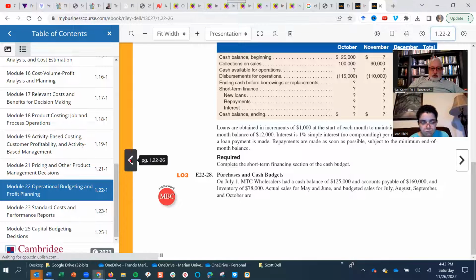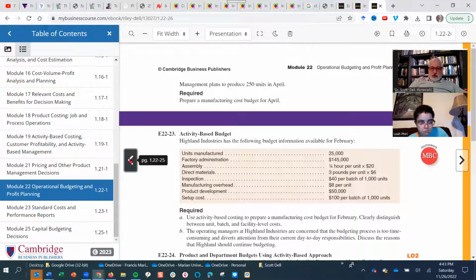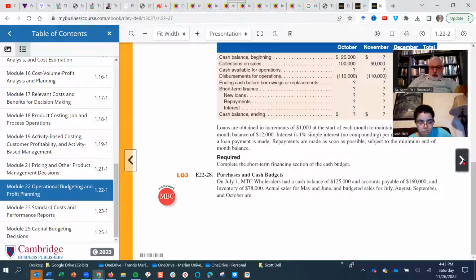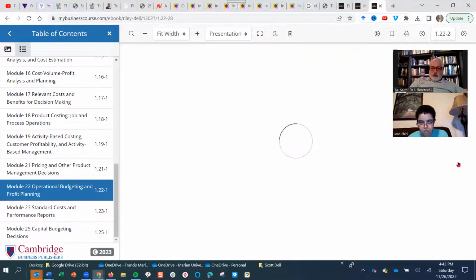And we're told a cash balance of 125, accounts payable 160. Inventory is 78, actual sales for May and June are given, and we have budgeted sales for 4 months: July, August, September, October.